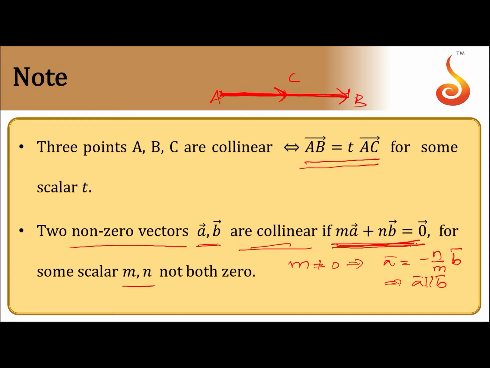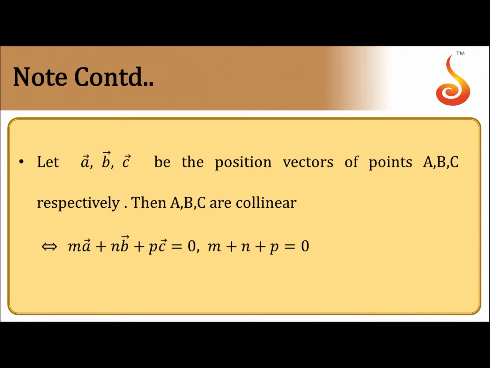They are collinear. Suppose n is not equal to 0. Then I can say b bar is equal to minus m divided by n times a, and therefore a bar is collinear with b bar. So that's the reason that at least one of the scalars should not be 0. That is the concept of it.